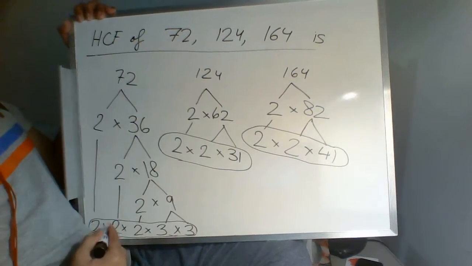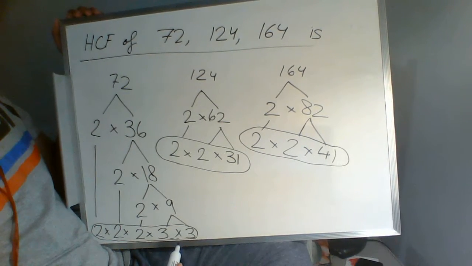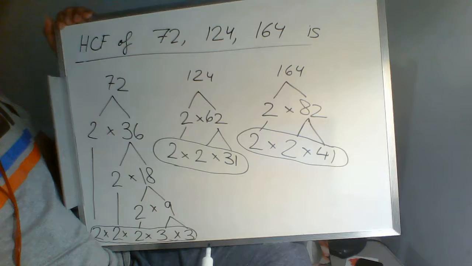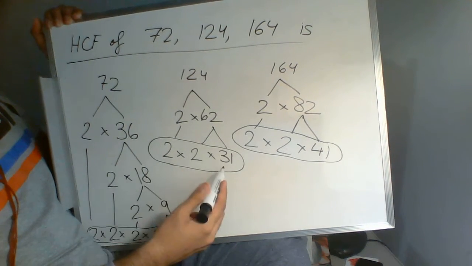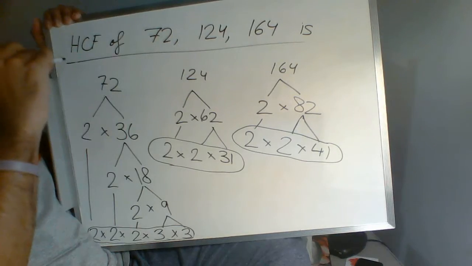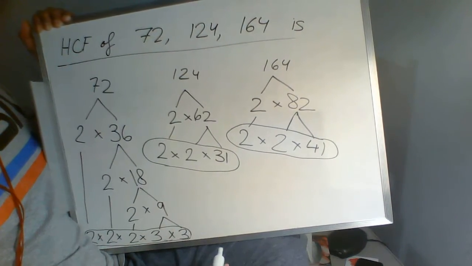For 72, it's 2 times 2 times 2 times 3 times 3. Pretty long, even though it's our smallest number. And then our bigger numbers, for their prime factorization, it's pretty short. 2 times 2 times 31 gives us 124, and 2 times 2 times 41 gives us 164.